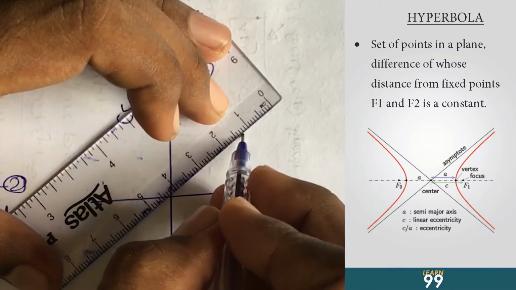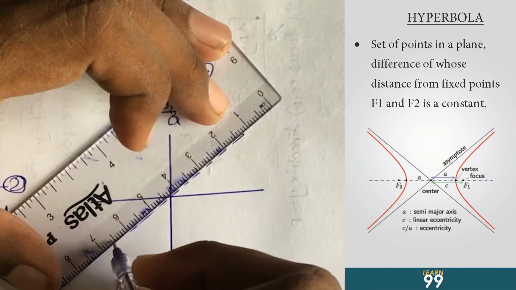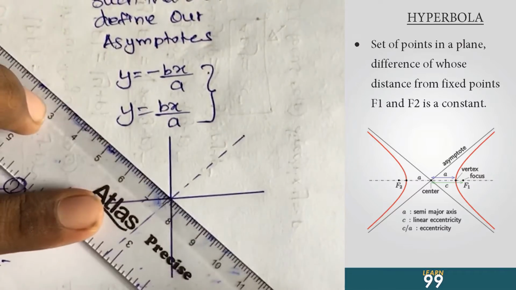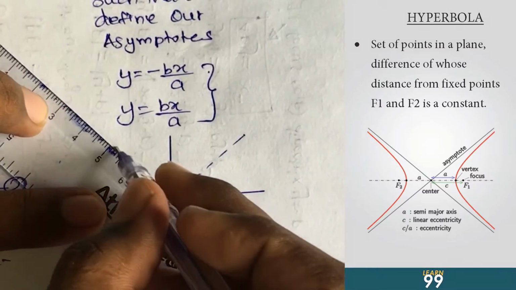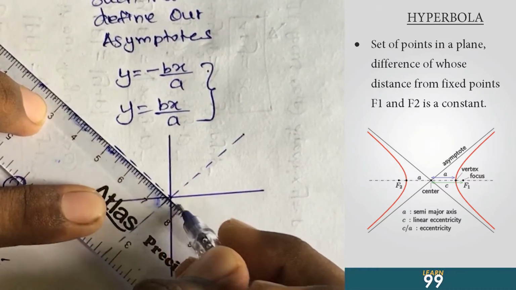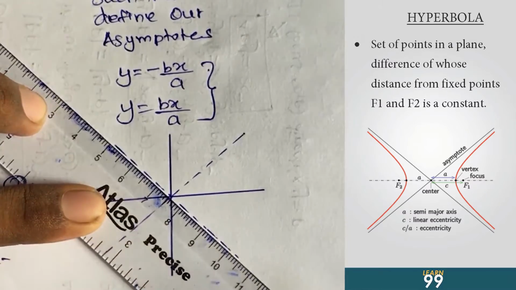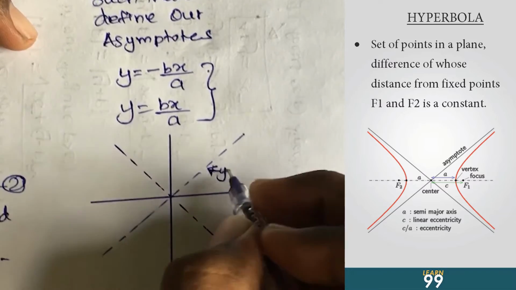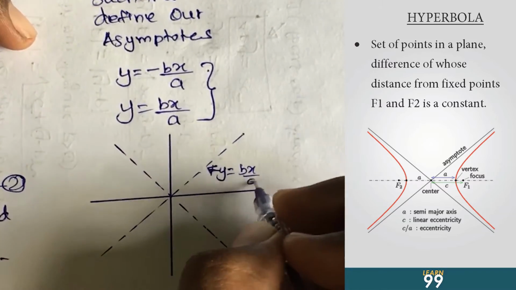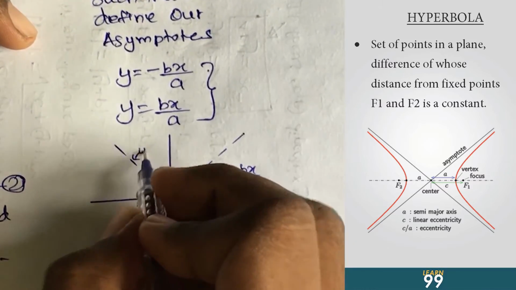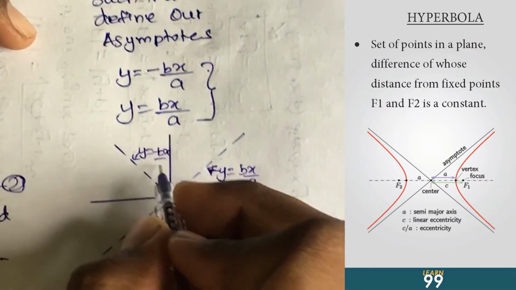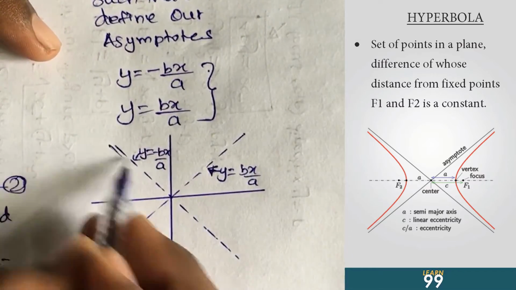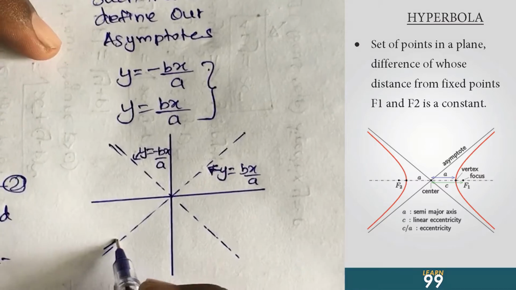I assume that you have understood it very well. In order to draw a hyperbola, it's good to draw the asymptotes first. Then you can start your hyperbola at the very end of the asymptotes, then you can get the hyperbola.